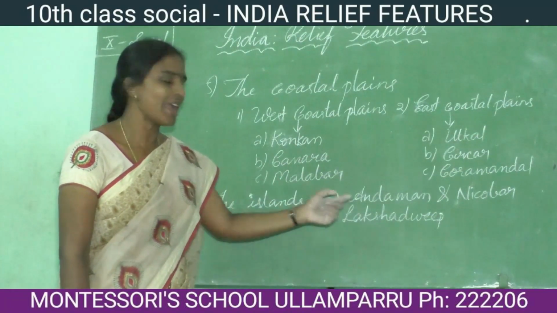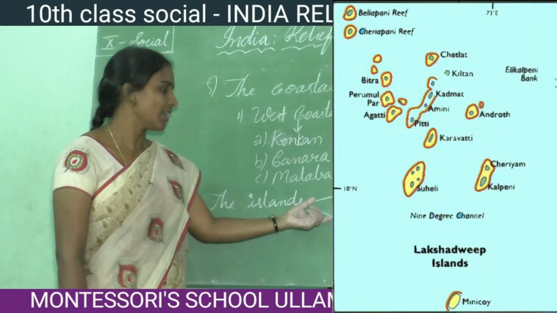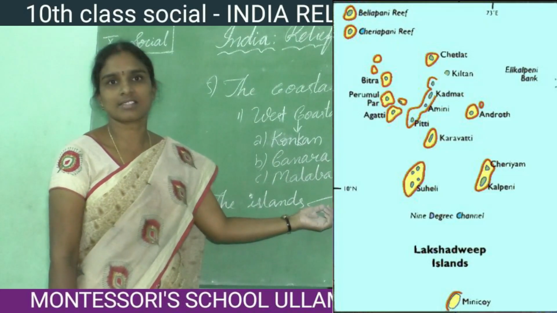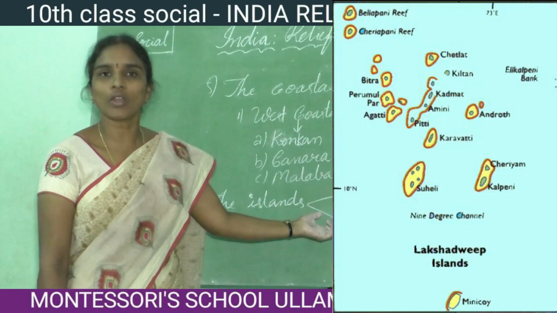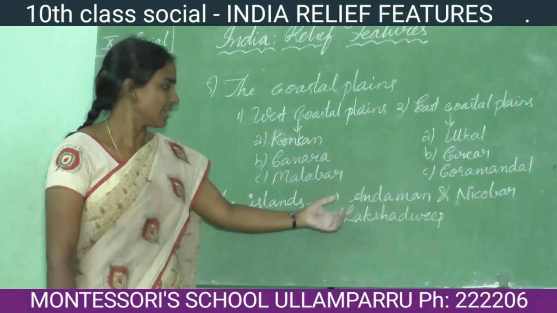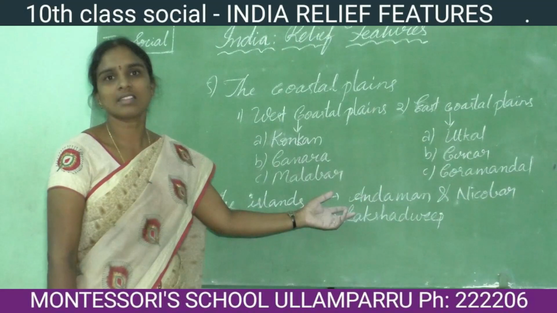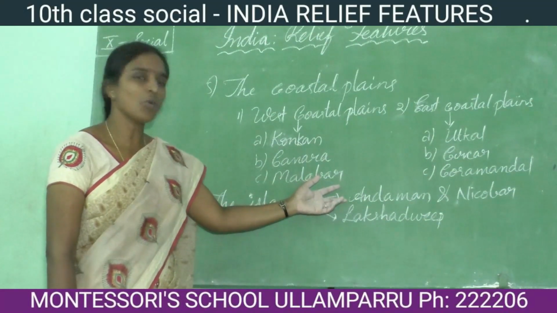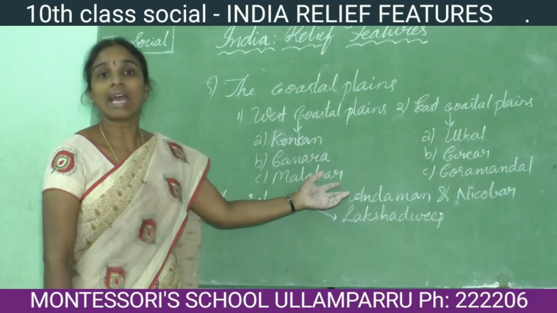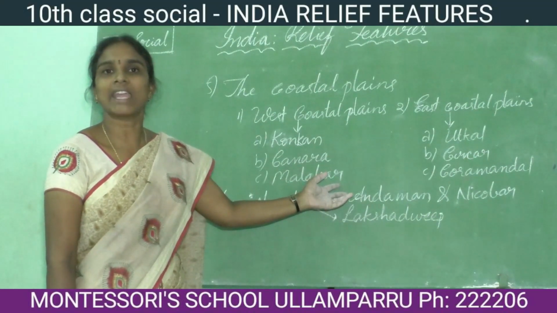Lakshadweep Islands are coral based. We can find different types of flora and fauna here. But coming to the Andaman and Nicobar Islands, this is actually a portion of the Arakan Yoma mountains of Myanmar.